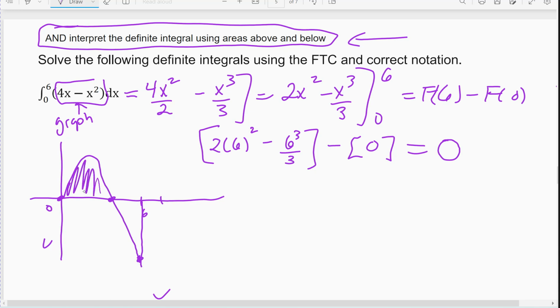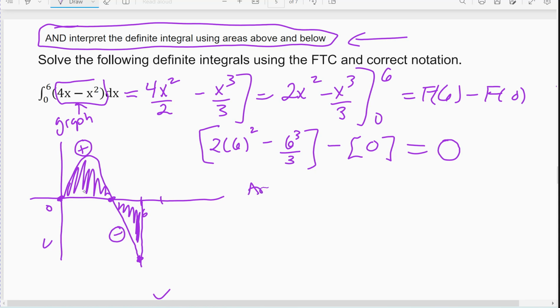So if I shade it in, remember the integral is adding up all of the y values, the function values between 0 and 6. And so all of these function values are positive. All of these function values are negative. And so when we add them up, these positive values and these negative values basically cancel each other out.